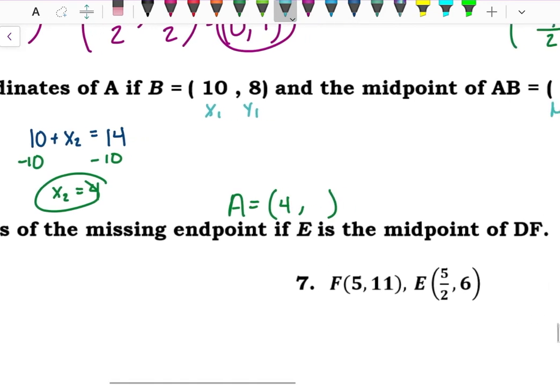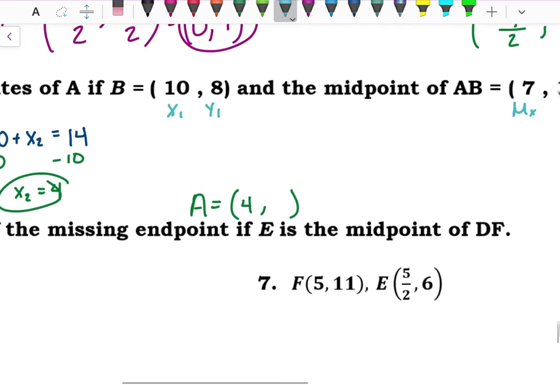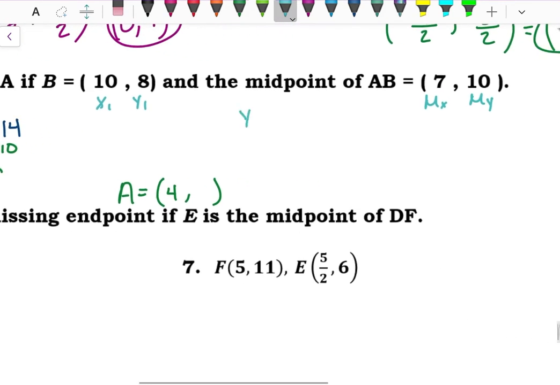Okay, moving on. Let's find y. Same kind of formula: y1 plus y2 over 2 equals m of y. Plug in what I know. I know y1 is 8. I don't know y2. And I know m of y is 10.